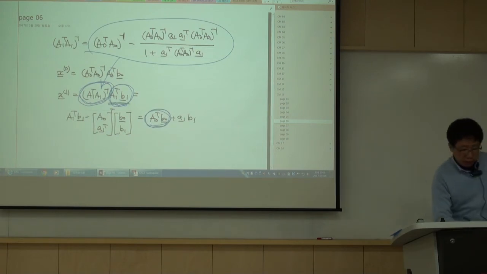So let me write it like this. So this is the update formula 1, and the second update formula is this one. Got it?